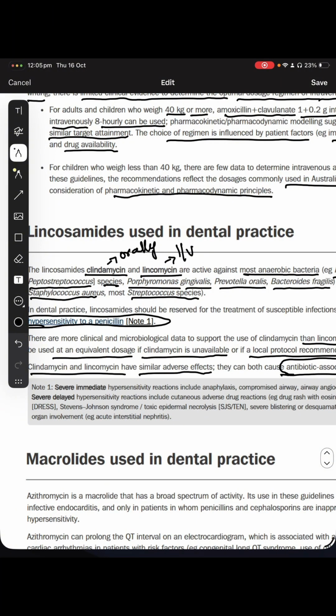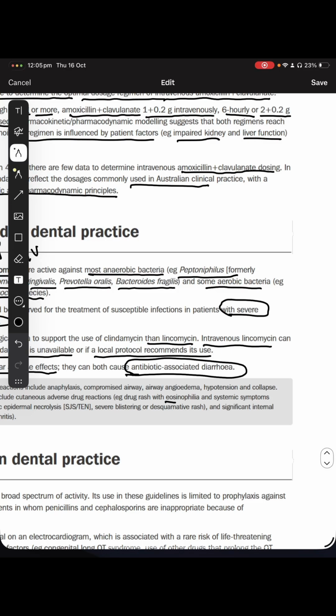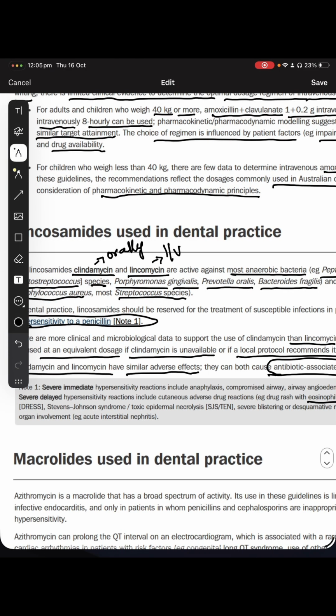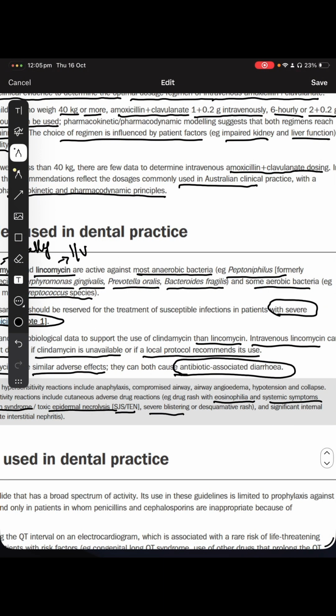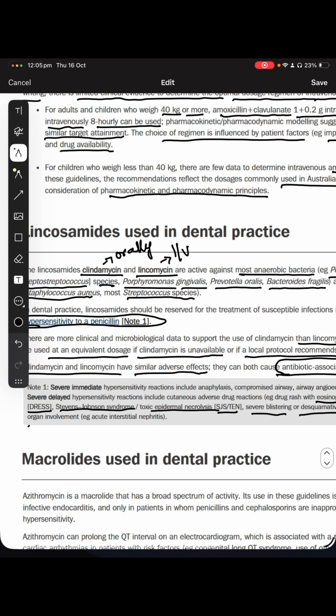And severe delayed hypersensitivity reactions include cutaneous adverse drug reactions, for example, drug rash with eosinophilia and systemic symptoms, DRESS, Stevens-Johnson syndrome, toxic epidermal necrolysis, SJS or TEN, severe blistering or desquamative rashes, and significant internal organ involvement, for example, acute interstitial nephritis. So these are all things we have already discussed in our previous episode.